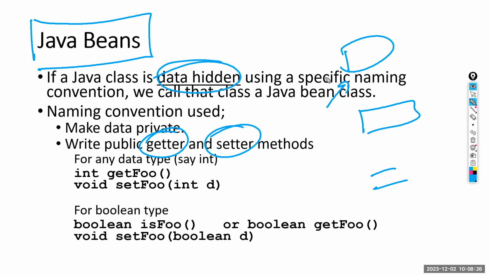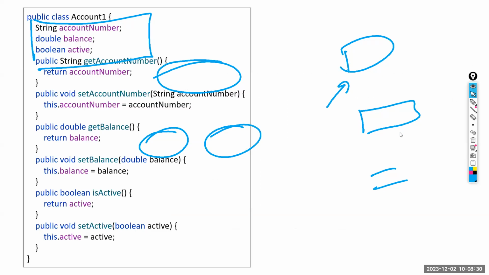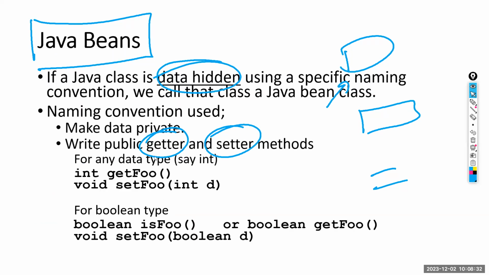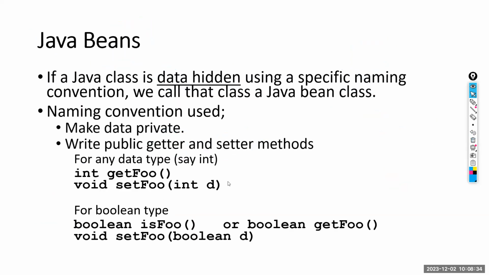Okay. So let's take an example. The idea is, if you have a variable called, say, foo, then the getter method will be getFoo, and it will return the data type of the foo. The setter method will be called setFoo, or if it is x, getX, setX. And the parameter must have the particular data type.